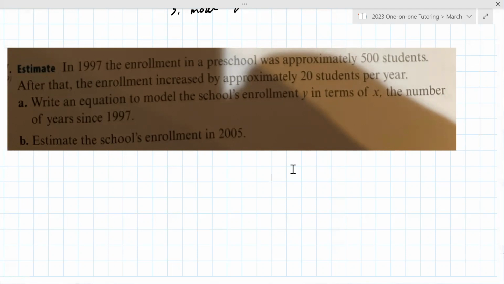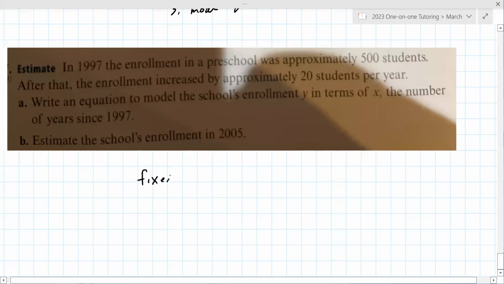All right, in 1997, the enrollment in a preschool was approximately 500 students. After that, enrollment increased by 20 students per year. Write an equation to model the students' enrollment y in terms of x. So these are fixed plus variable.